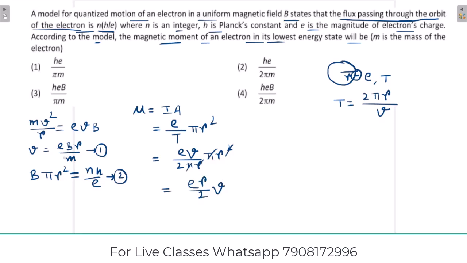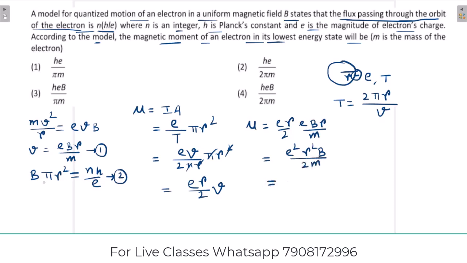Now put the value of v from equation 1, that is eBr by m. So mu is equal to e r by 2 times eBr by m. So this becomes e square into r square into B divided by twice m.